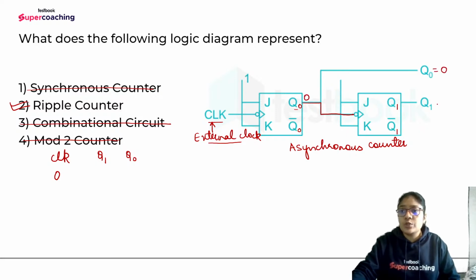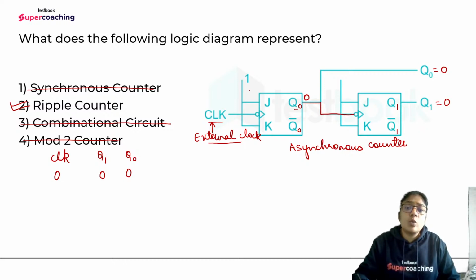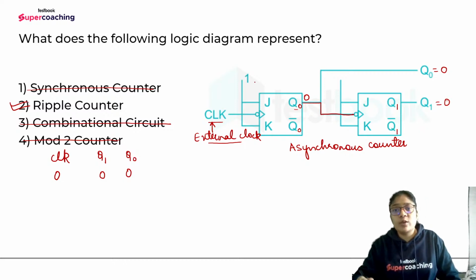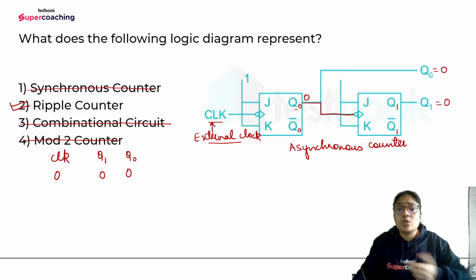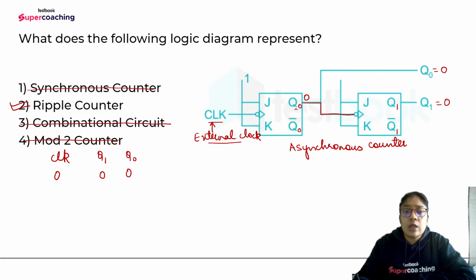For Q0 the output is 0, and for Q1 the output is also 0. When J is equal to K and both are equal to 1, it is going to toggle the output, right? As soon as you apply the first clock, the value of Q0 will toggle to 1.